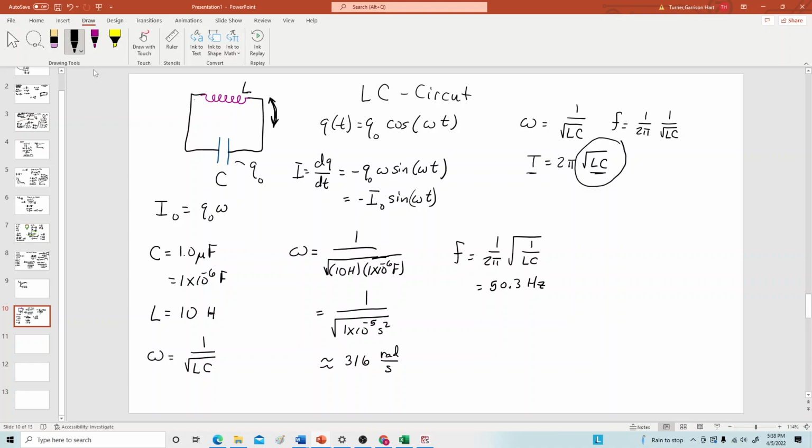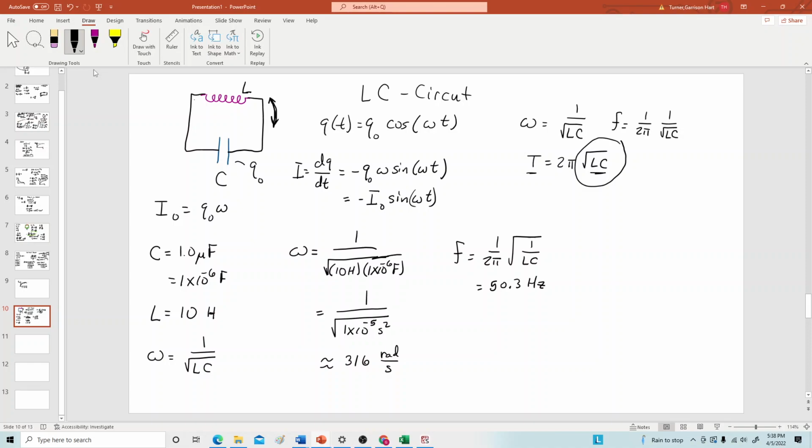50.3 hertz. So these charges are going to flip back and forth, essentially 50 times a second. Let me be very formal about this.